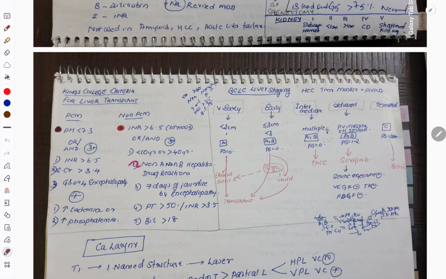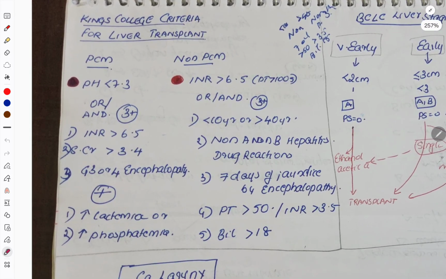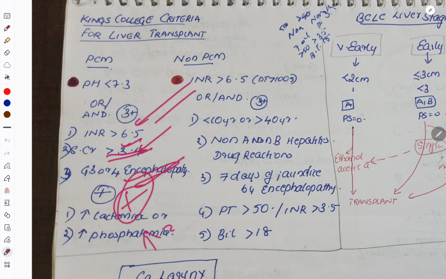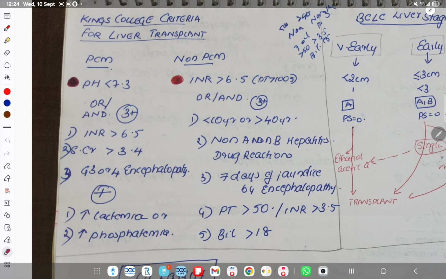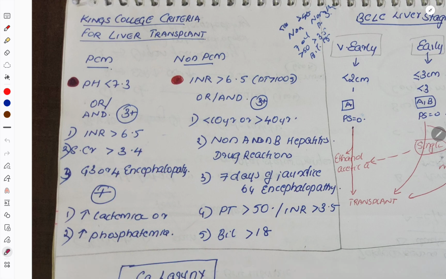That's the first thing. Now the other 3 criteria in paracetamol poisoning: one is INR, the other is creatinine more than 3.5 and INR more than 6.5, grade 3 or 4 encephalopathy, plus hyperlactatemia and hyperphosphatemia. So if this is present, then you can transplant the patient.